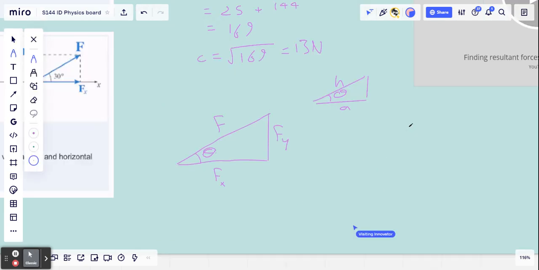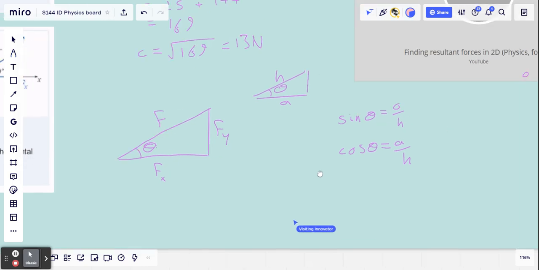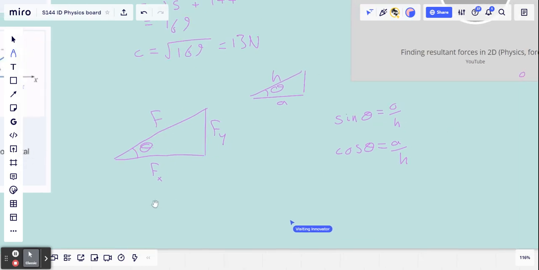And we know that sine theta is equal to opposite over hypotenuse, and that cos theta is equal to adjacent over hypotenuse. Now, let's just rearrange that, because we know the hypotenuse is F, so basically we can say that A is the adjacent, and that's O, the opposite.